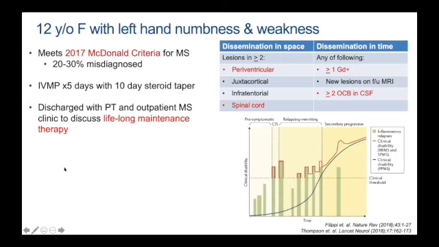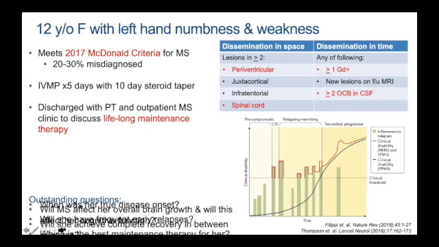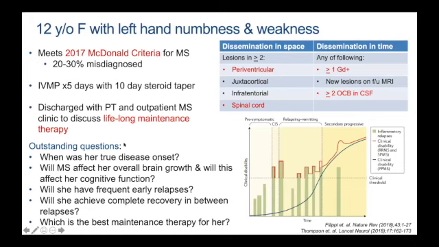So from a clinical standpoint, some of the questions that we have to have with patients and their families: when was her true disease onset? So she had various lesions. The brain lesions did not correlate with her clinical symptoms. So when did she first start to have these lesions? Particularly for pediatric patients, will this affect the overall brain growth and her cognitive function?